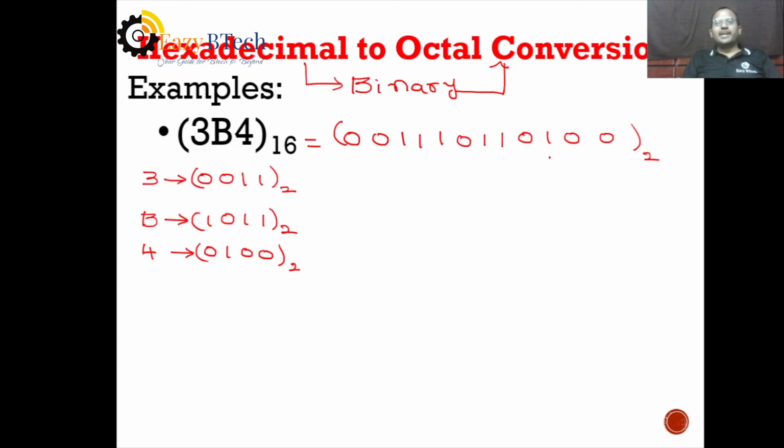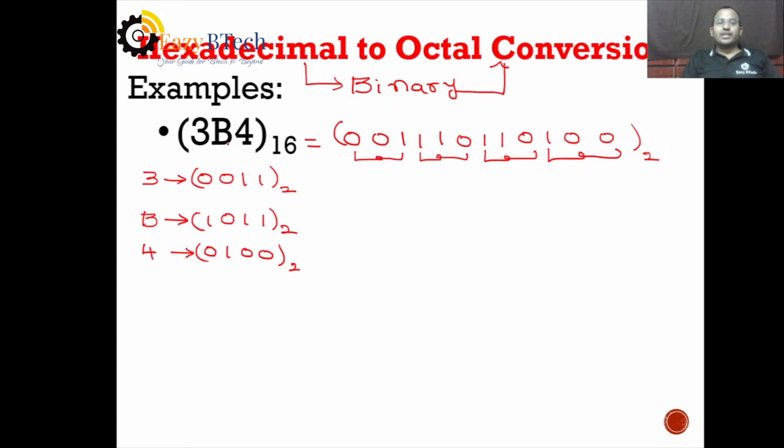Now we will find the octal equivalent. What is the procedure that we need to follow now? We scan the number from right to left, or from LSB to MSB, and group 3 bits at a time, and then write the corresponding octal equivalent for each 3-bit binary group.